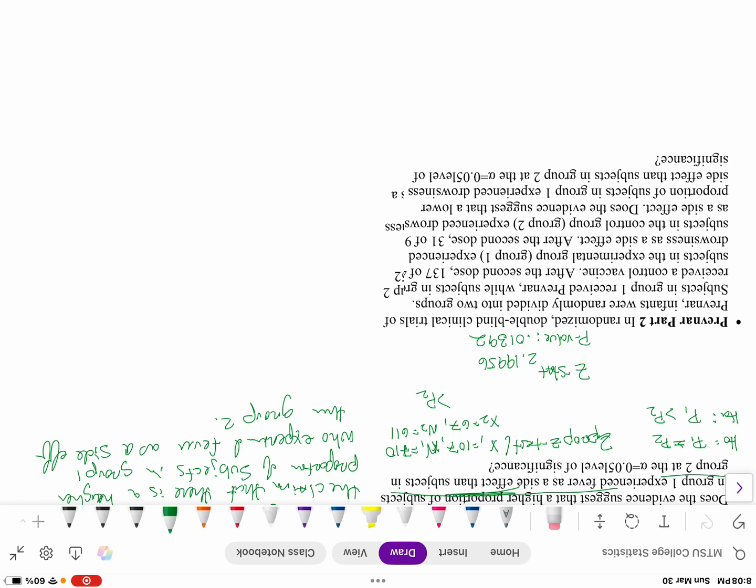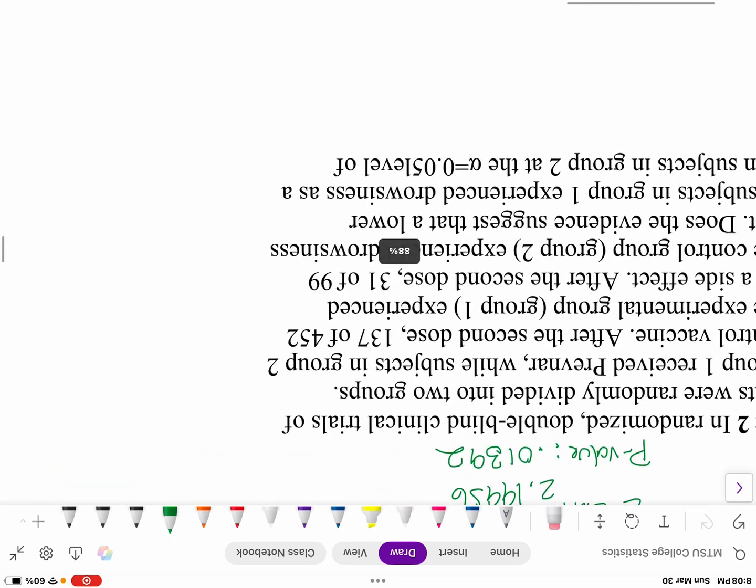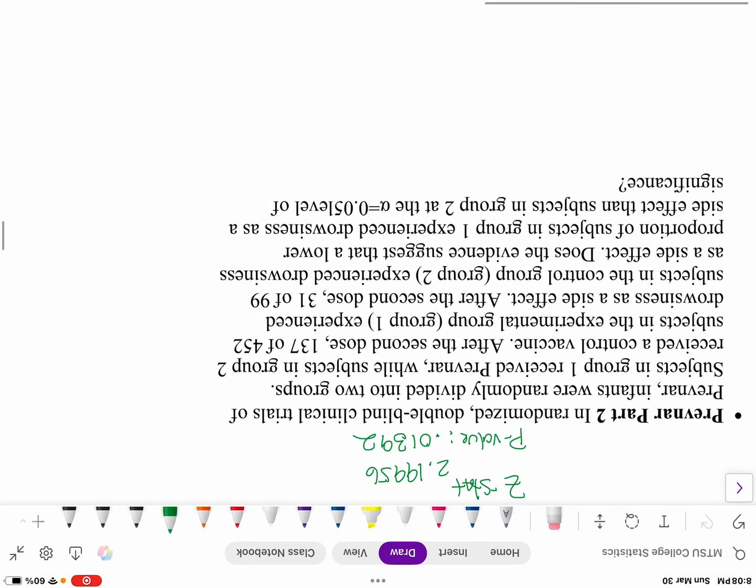So they gave us another situation. Sorry, my pen, there we go. I got the numbers back in here. So they went through and did a second dose, got some information. The next thing was they experienced drowsiness as a side effect. Does the evidence suggest a lower proportion of group 1 experienced drowsiness as a side effect compared to 0.2?